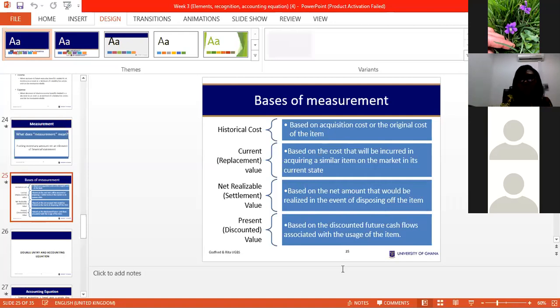And so in a bid to dispose of them, you will have to look for buyers or reduce the value in order to realize something out of it. And so the amount you would realize in the event that you disposed of it becomes the net realizable value.